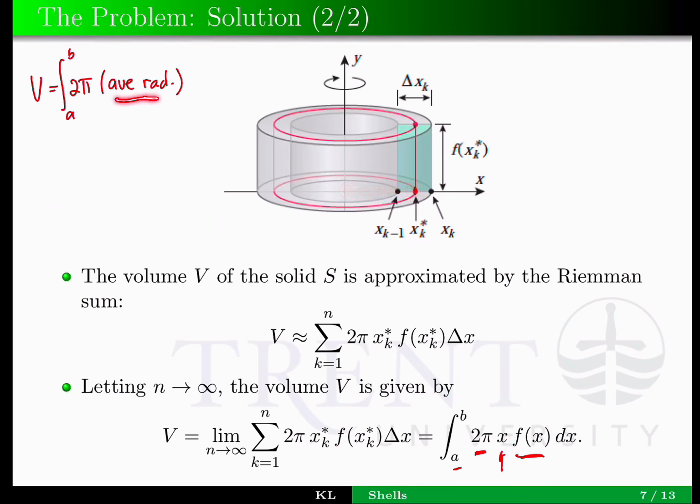Okay? That will be your average radius. And then here, you will have your height, which is basically the function, and then your thickness, which is your dx. So average radius and height. Those are the two things that you need to identify when using this method of cylindrical shells.